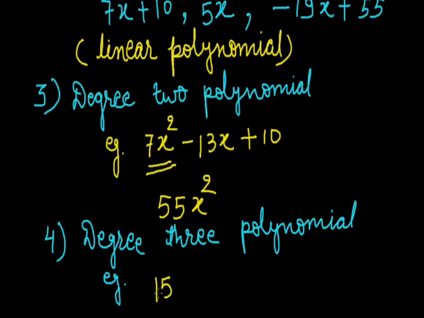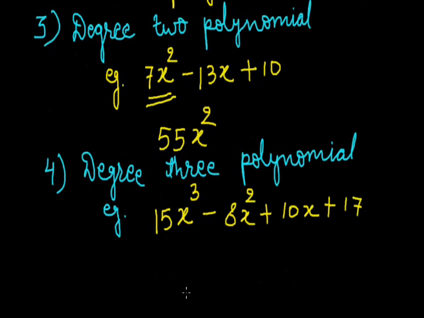For example, 15x to the power 3 minus 8x square plus 10x plus 7. It is a degree 3 polynomial because it contains the cubic expression. These are also known as cubic polynomials.